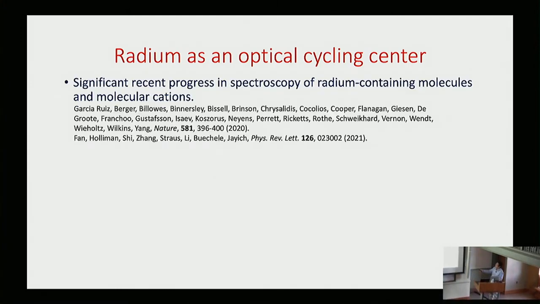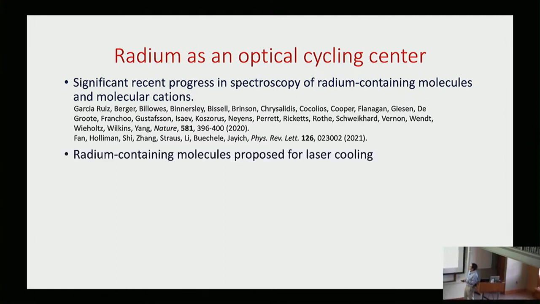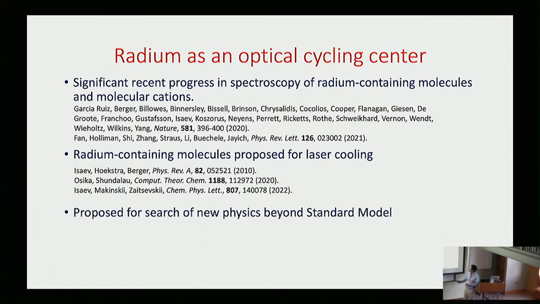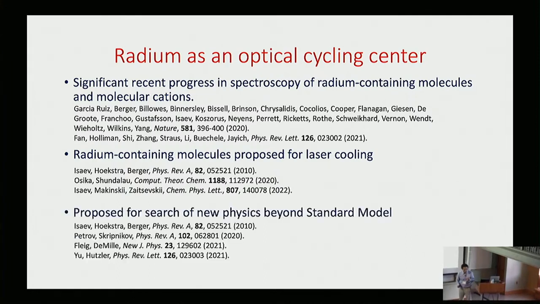So there is significant recent progress in radium fluoride, and here is the cation, molecular cations containing radium, a major progress in experiment. And there are wonderful studies that propose these molecules and molecular cations for laser cooling. And of course, the motivation is that radium is sensitive to multiple sources of time-reversal-violating interactions.